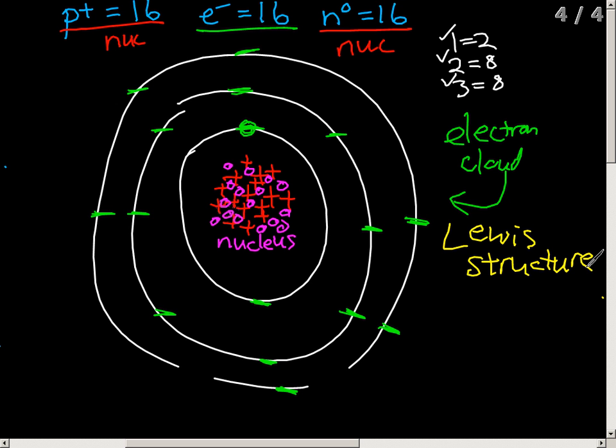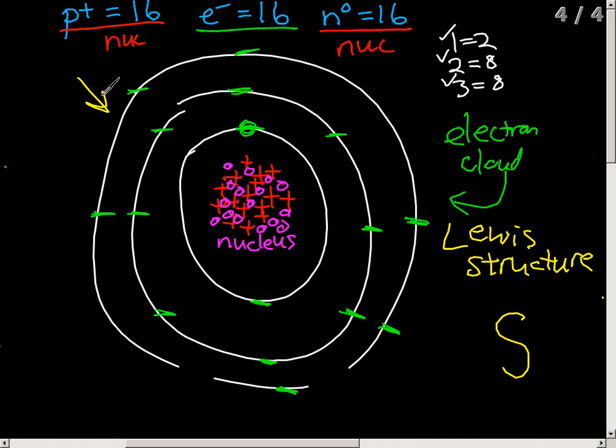All you got to do for a Lewis structure is draw the chemical symbol of the element and put dots around it. The number of dots is equal to how many electrons are in the outermost shell, the outermost energy level. Those are called valence electrons. They're the most important electrons.